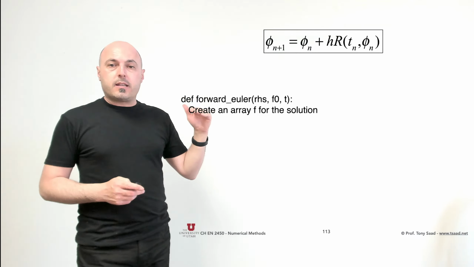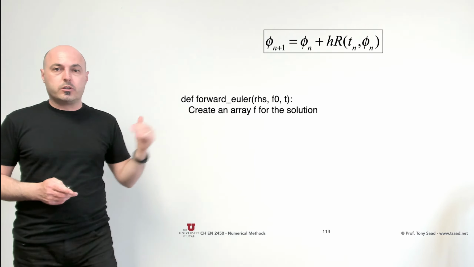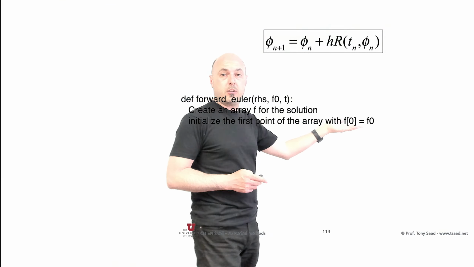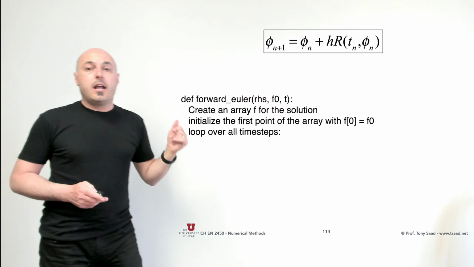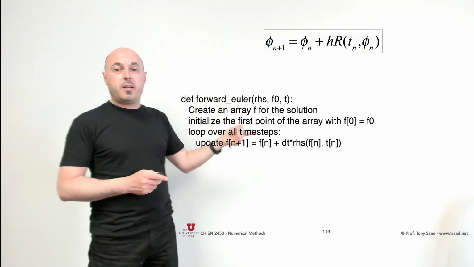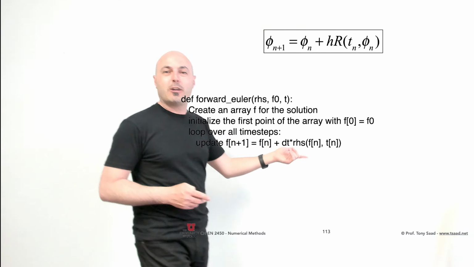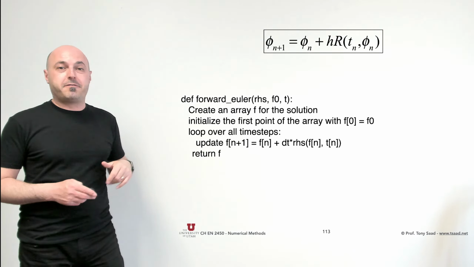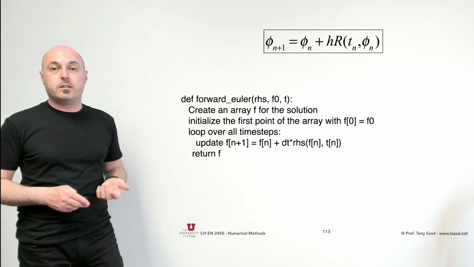First, I would create an array for the solution. Then initialize the first point of the array as f0 equal to the initial condition, and then loop over all time steps. For each time step, do f n plus 1 equals f n plus delta t times the right-hand side at f n and t n, and then return the f array at those different times.